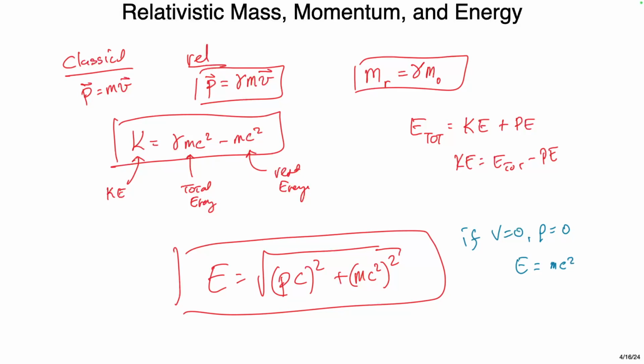C is a constant. The only other thing that could make this thing 0 is if the mass were 0. So to get the mc squared term to become 0, we need a mass of 0. And what's the only thing that has a mass of 0?